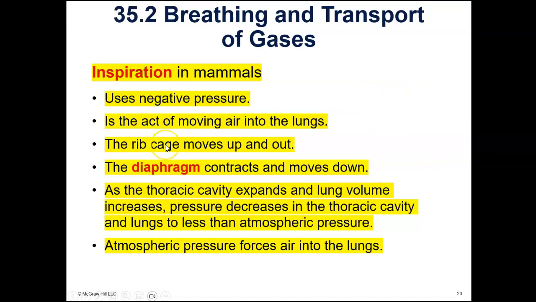So when we inhale and our rib cage moves up and out, it expands. Our diaphragm moves down and flattens out. It gives us a much greater volume inside of our chest cavity, and increasing the volume decreases the pressure. So because the pressure is low, atmospheric pressure pushes air into our lungs.